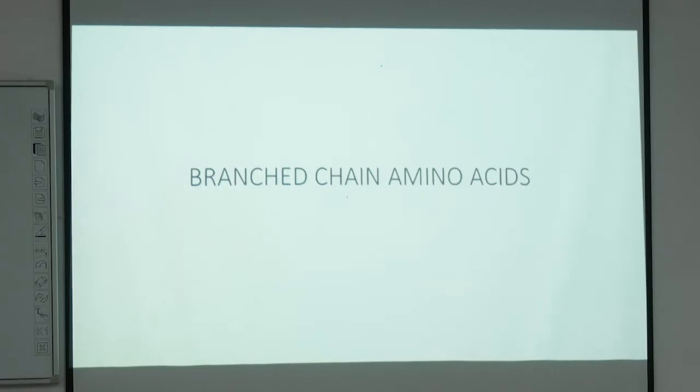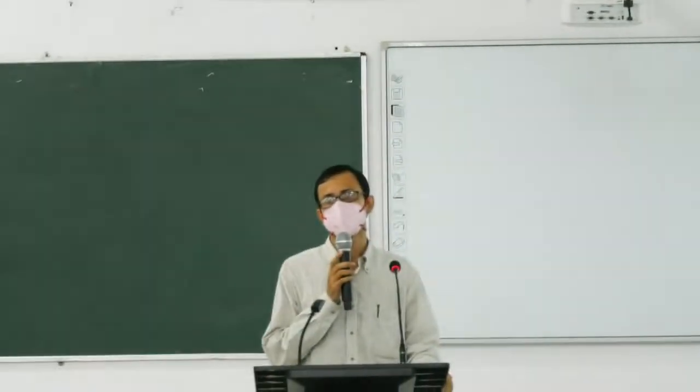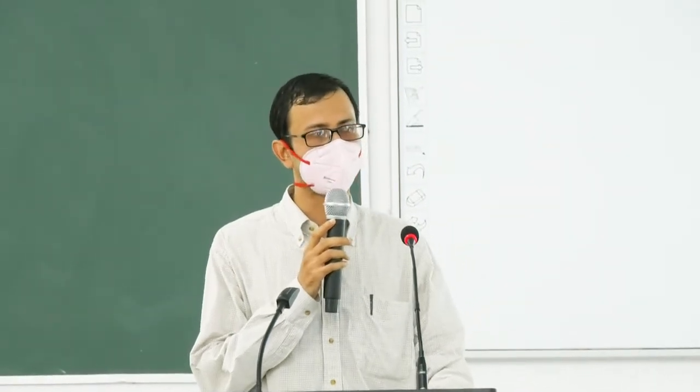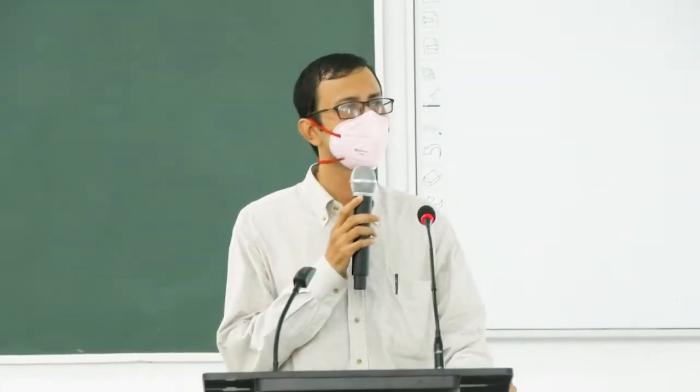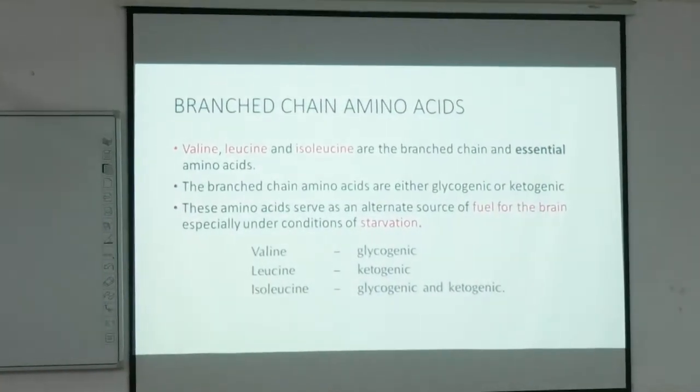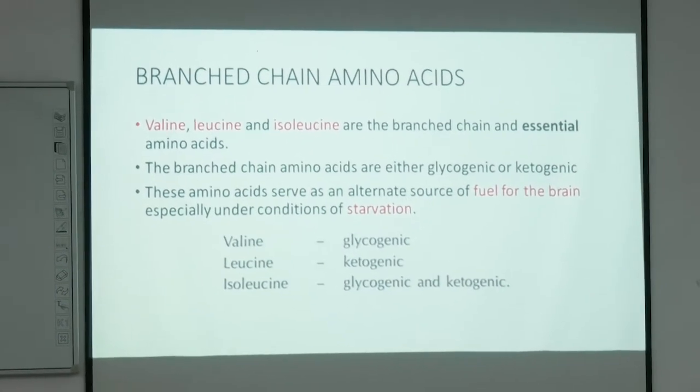So what are branch chain amino acids? They are leucine, isoleucine, and valine.